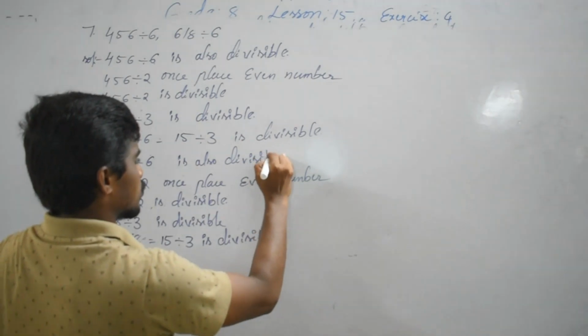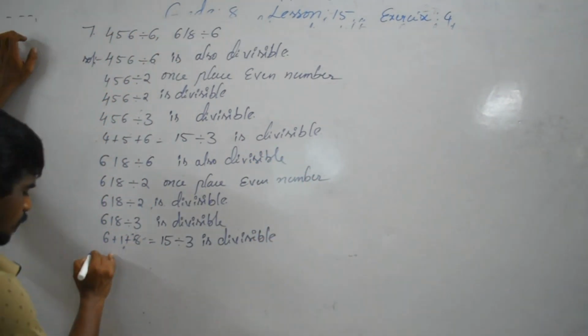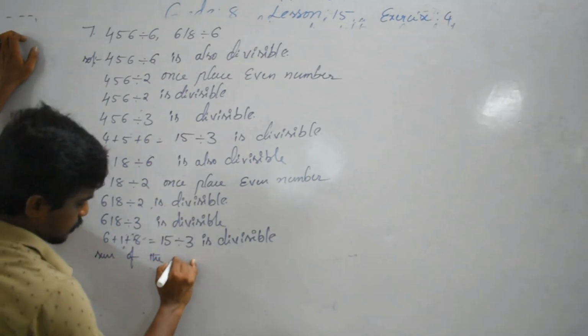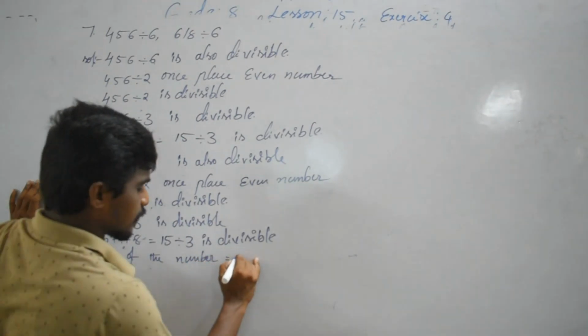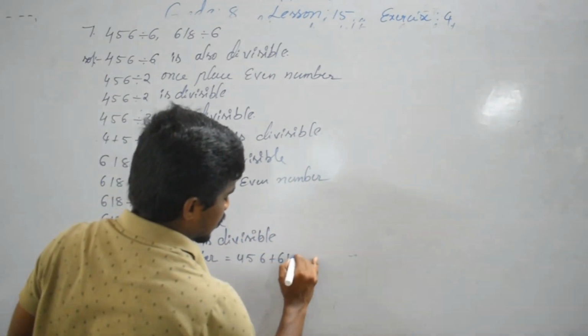So next one, the sum of these numbers. How much? 456 plus 618.